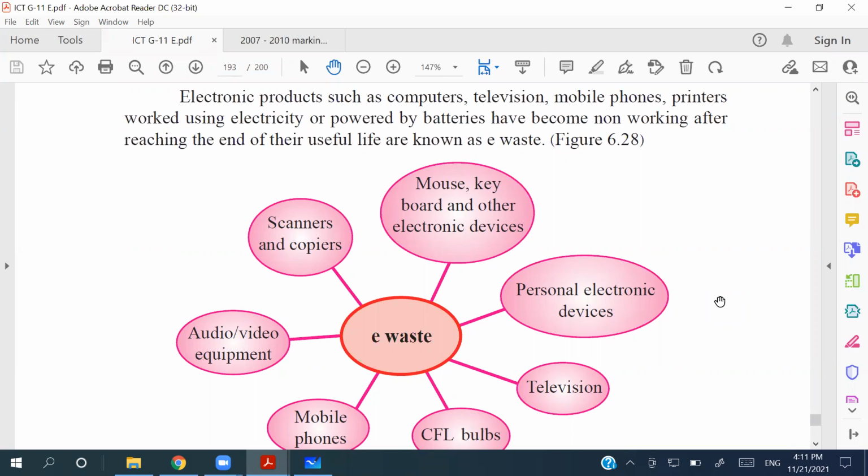But this electronic waste mostly consists of plastics and mercury and lead kind of things, the chemical components, which are not good for the environment in one way, and as well as not good for the health of the humans and the living beings, right? Because of that, electronic waste should be handled carefully, right?